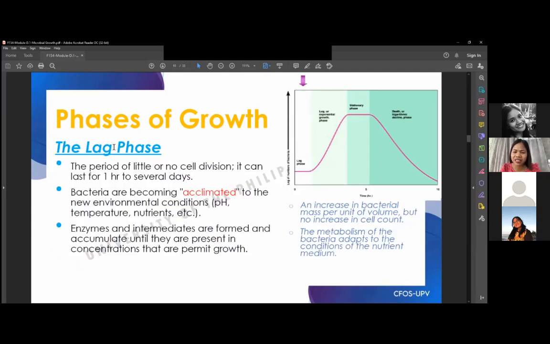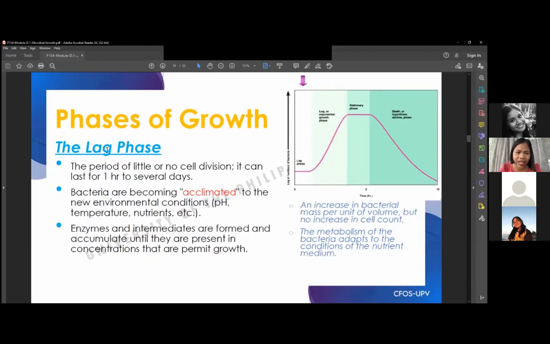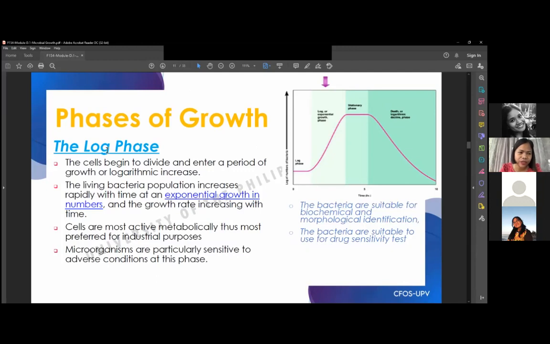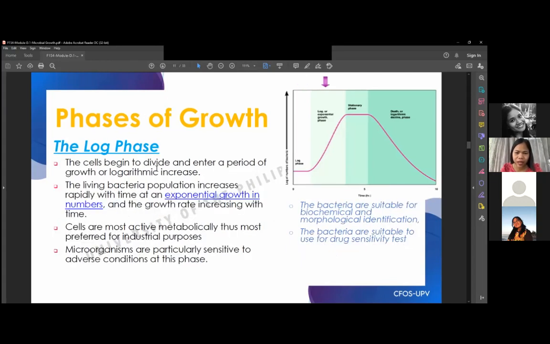LAG. Na-change mo? Yung una is LOG. Yung second natin is LAG. Baliktad ata. Ay, teka. LA yung first, LO yung second. Ano ba yan? Kahalo-halo.